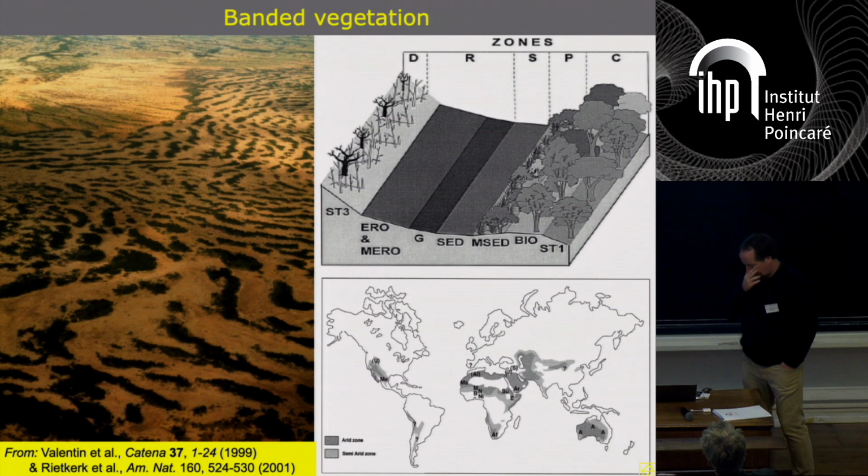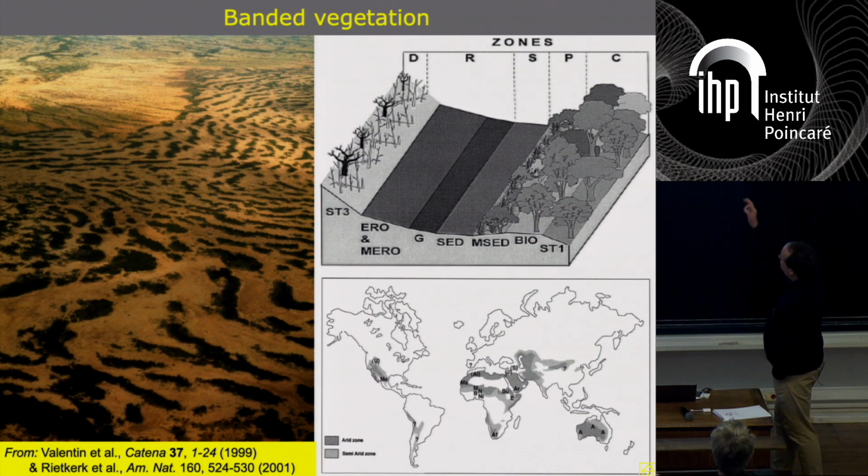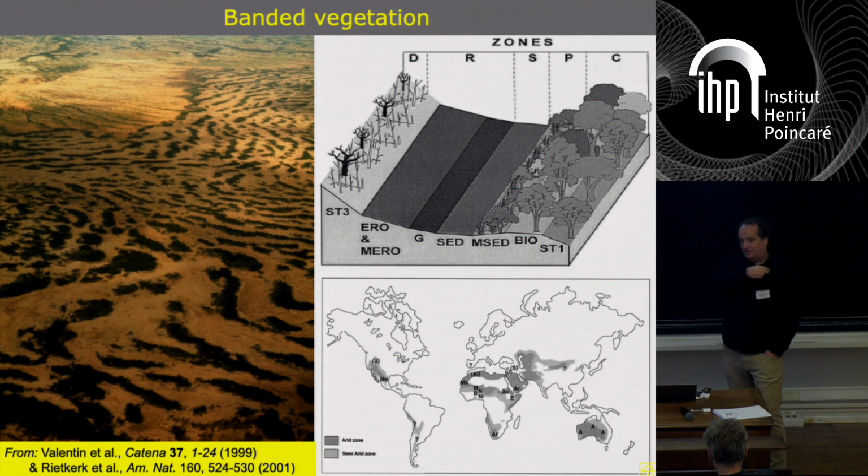These are bands of vegetation, which strikingly organize themselves into bands, which tend to be aligned along the isolines of a slope. So all the vegetation is staying at the same altitude, and the slope is going across these bands of vegetation.